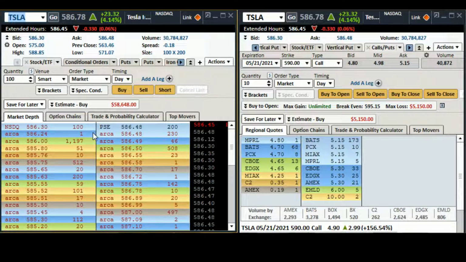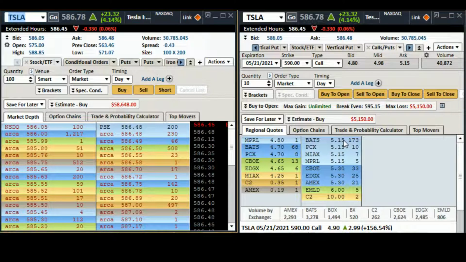However, if I took 10% of that money and I bought 10 of the 590 calls at, let's say, $5, right about the midpoint here. When you want to know how much your option costs, you move two decimals to the right.